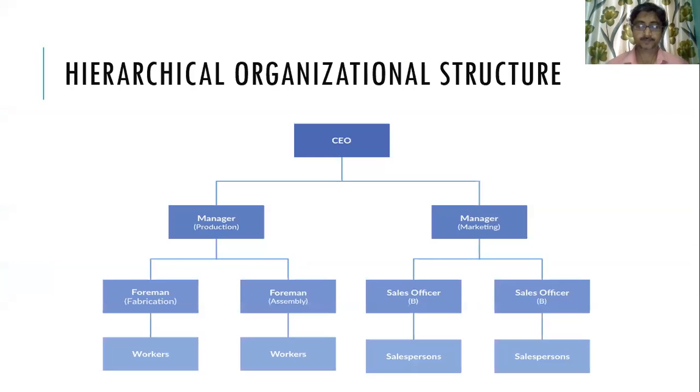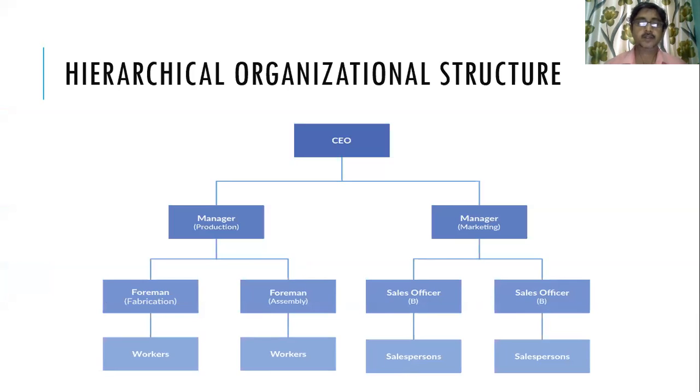Organizational structure. There are many organizational structures for the organization, out of which the most common one is the hierarchical organizational structure. This is also known as the vertical organizational structure as well as the pyramidal organizational structure.